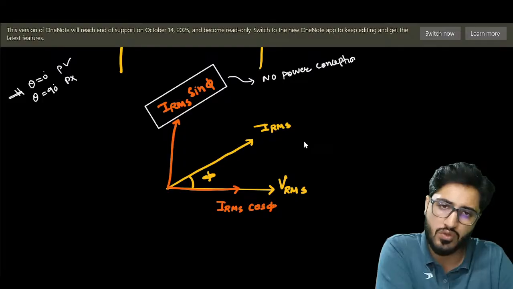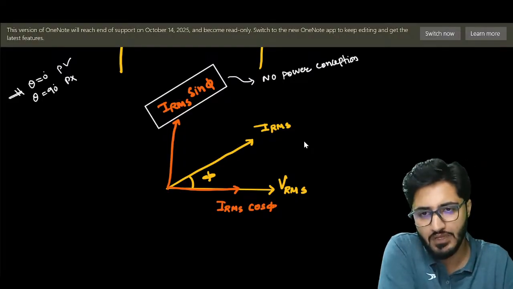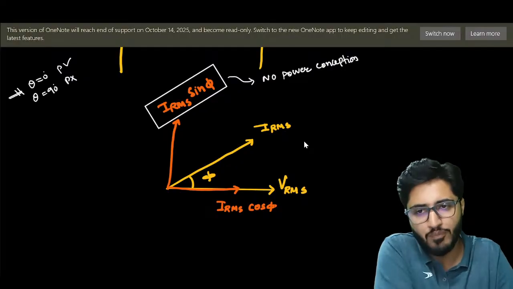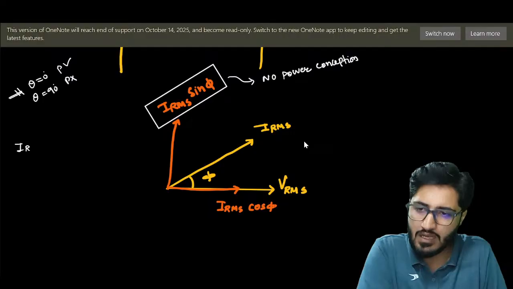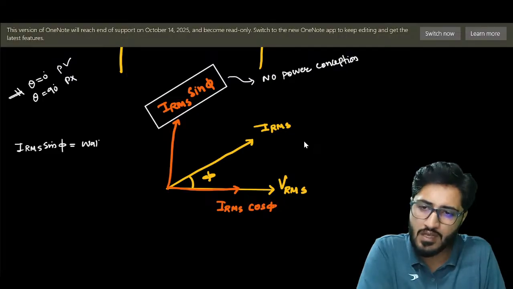So IRMS sine phi, this particular component, is known as wattless current.